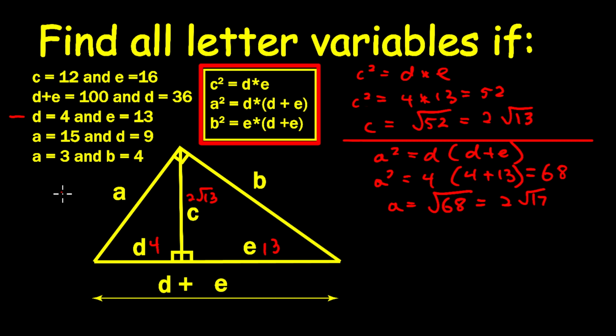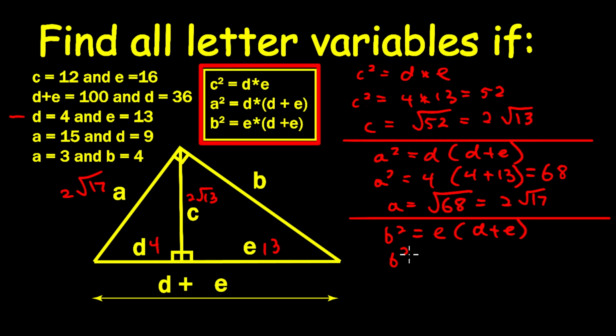So again, we'll put that over here, 2 root 17. And now we will use the third formula to get B. So B squared equals E times D plus E, or B squared equals 13 times 4 plus 13, which equals 65. So then B equals the square root of 65.